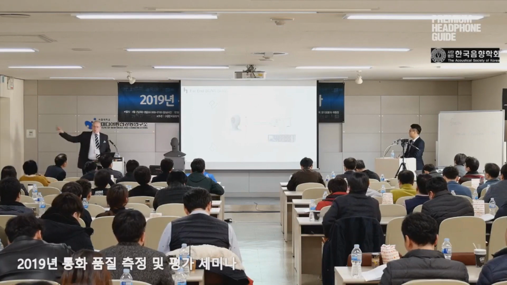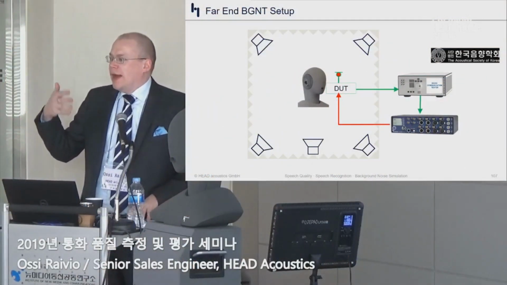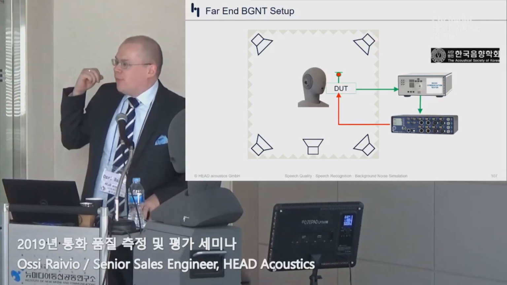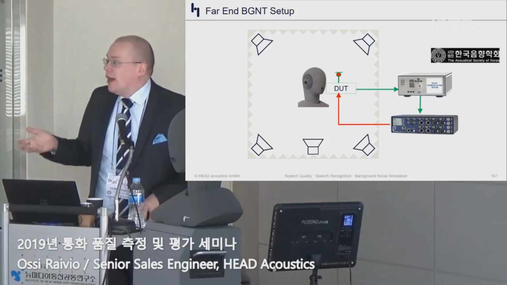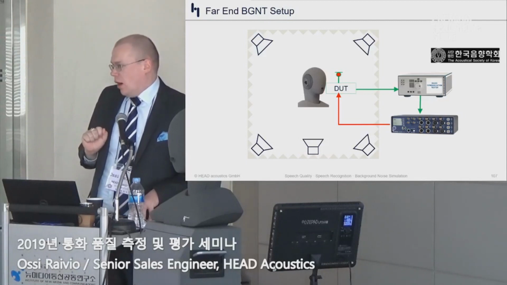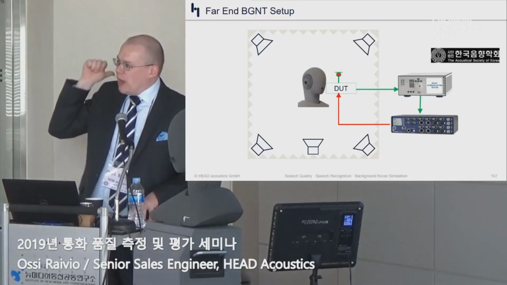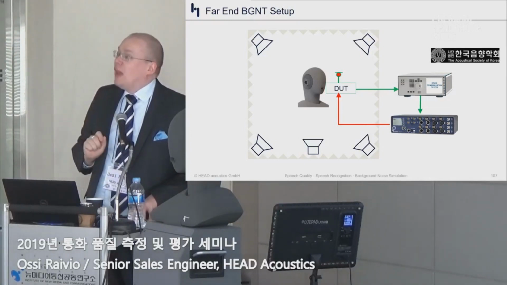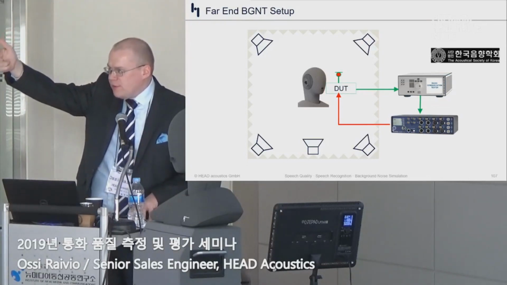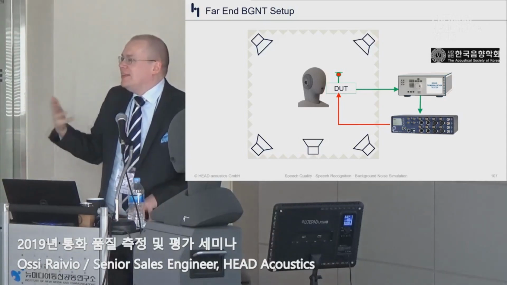If you think that this side would be simulating, for instance, a car hands-free device, then the far end would be like a landline subscriber, somebody calling from home to somebody who is driving a car.